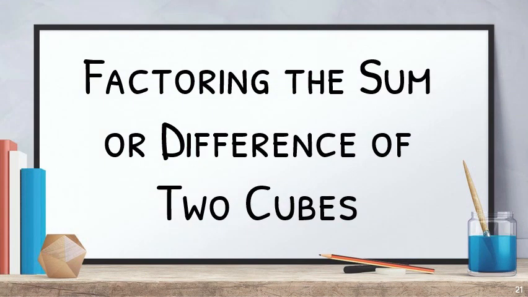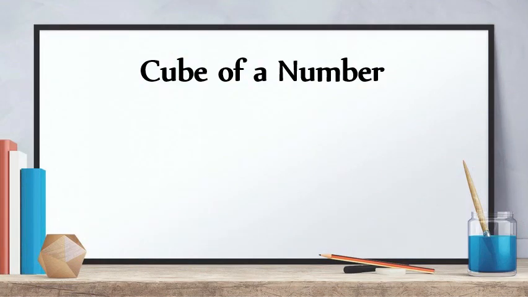Let us now discuss the third lesson under Module 1, factoring the sum or difference of two cubes. But before we proceed with our discussion, you must recall the cube of a number.